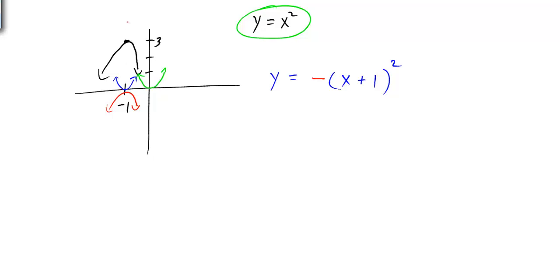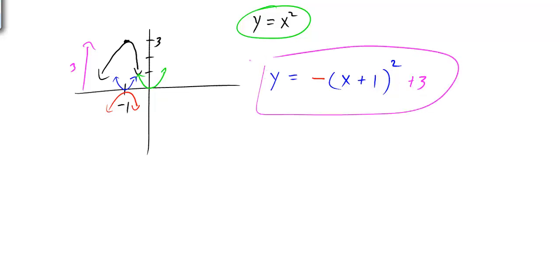So now all we have to do is go up 3 units. So in order to go up 3 units, we have to add 3 on the outside of the function. So here the equation would be negative x plus 1 squared plus 3. That would give you the equation of the graph represented.